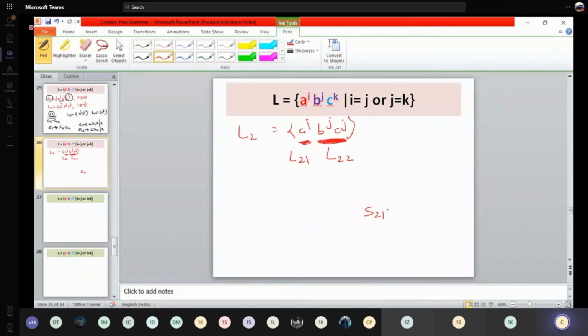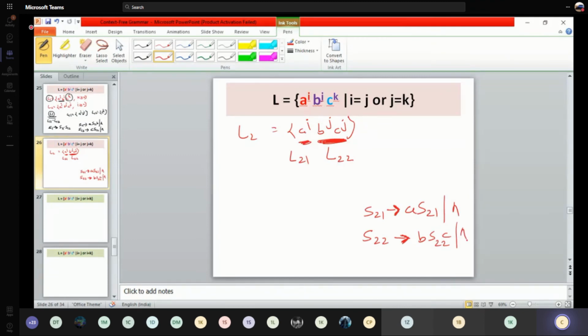For L21 we'll write S21, where we are generating a any number of times. So we can write A S21 or null. This will generate a's independently. Then for S22, which is for the language L22, we'll write B S22 C or null.